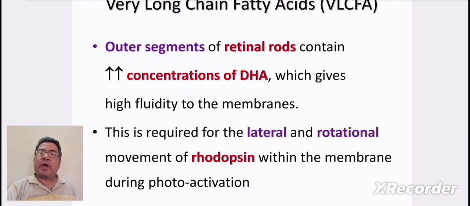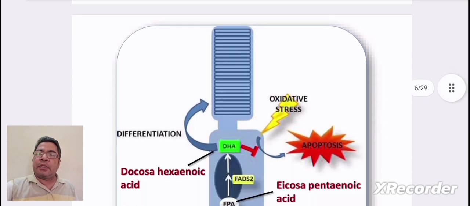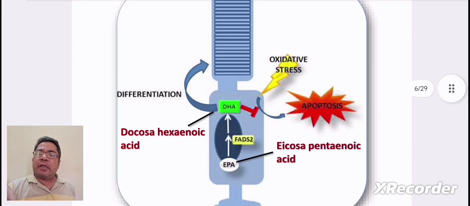This is required for lateral and rotational movement of rhodopsin within the membrane during photoactivation. In this diagram, we can see that the rod contains icosapentaenoic acid that is converted into docosahexaenoic acid, which inhibits oxidative stress, which would have produced apoptosis.